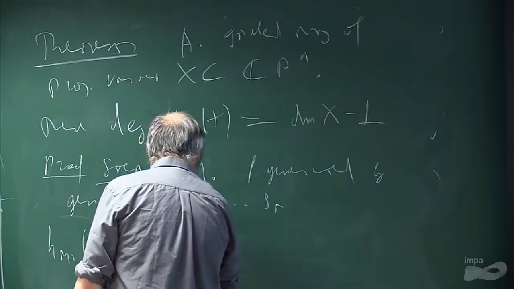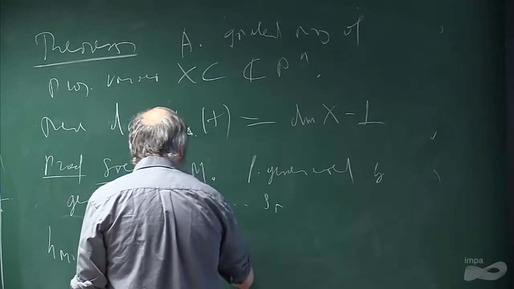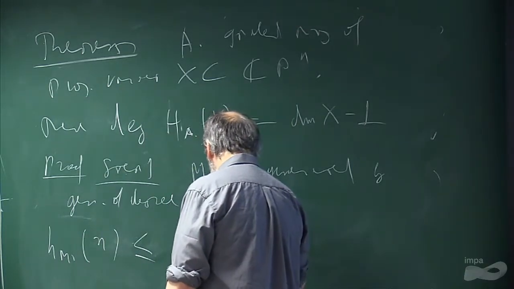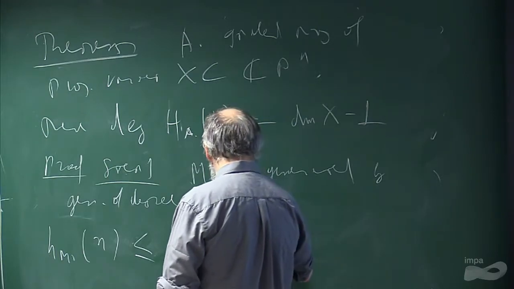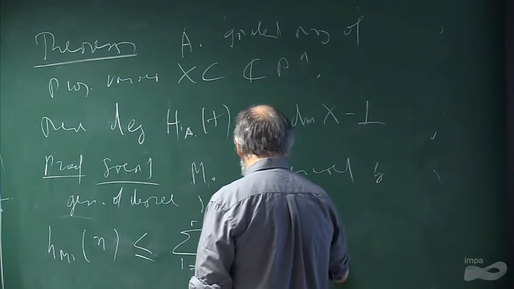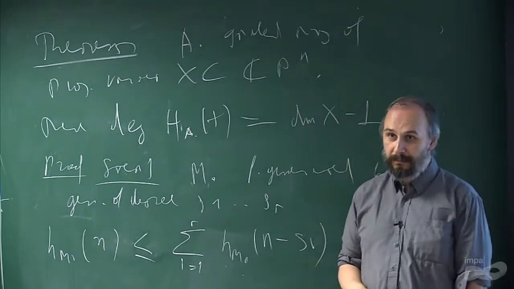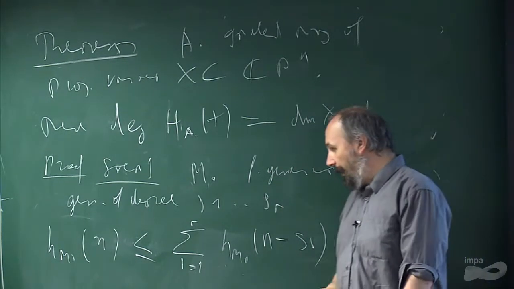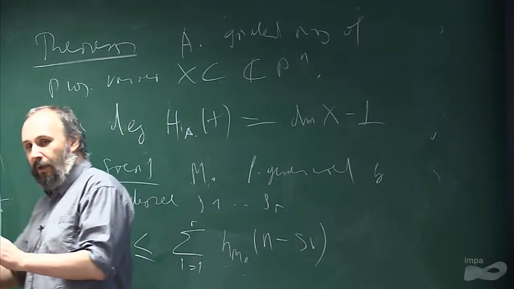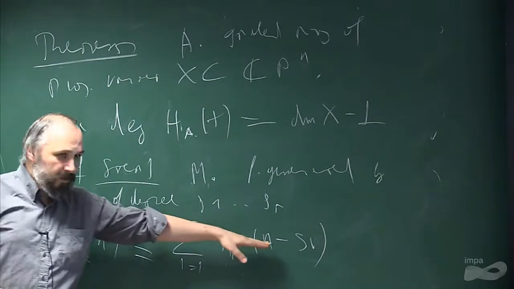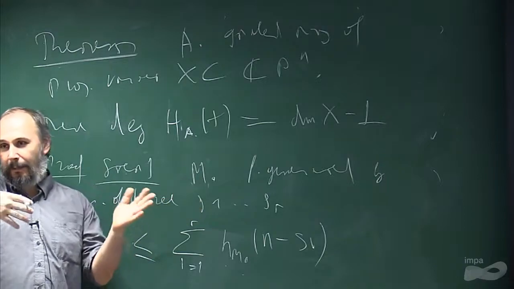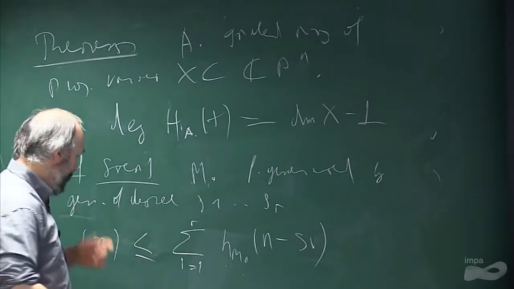So it's the sum from i equals 1 to r of H_A(n minus s_i). Okay, so what will happen if you take a polynomial and shift it by certain numbers and add up together? The degree doesn't change.